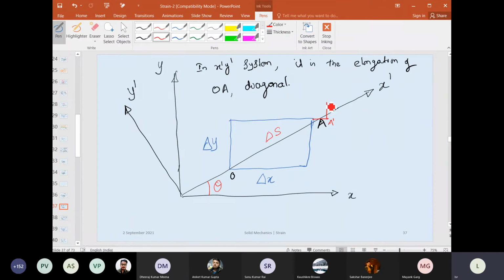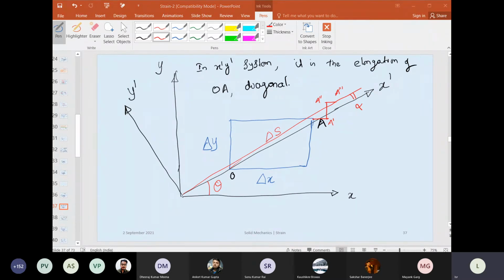A goes to A dash and A dash will go to A double dash, and then this will go to A triple dash. Now if you join this line, this angle we are calling alpha, which we can presume to be very small because my A dash, A double dash, A triple dash are all small.